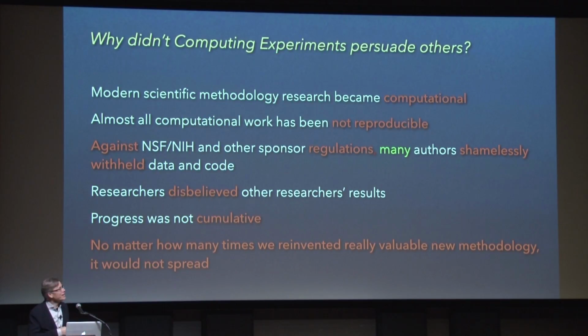So we have a question: why were computing experiments not persuasive, even though there had been many, many of them? As modern scientific research has become computational, a lot of it is ambitious and pushing the edge, and that means that other people can't really get those same results. They don't have the code, they don't have the data, they don't know all the details. It's also a habit people have to not share their data and code, which is unfortunate despite regulations that say you must.